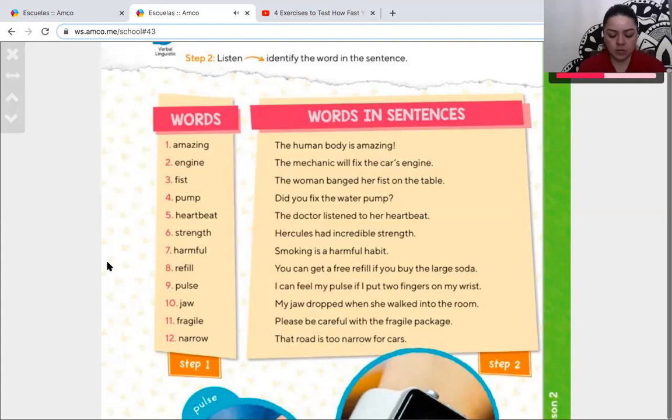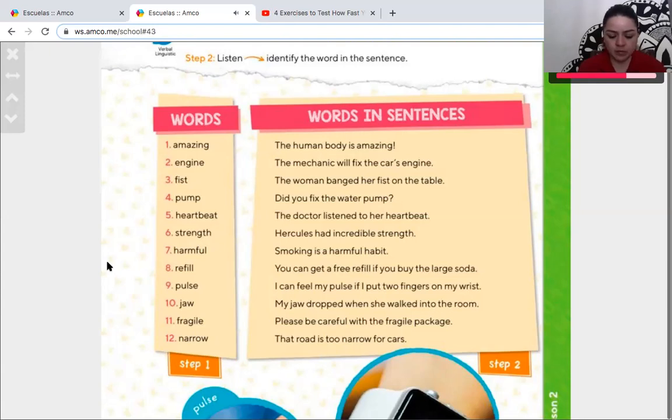The doctor listened to her heartbeat. Narrow. That road is too narrow for cars. Harmful. Smoking is a harmful habit. Strength.